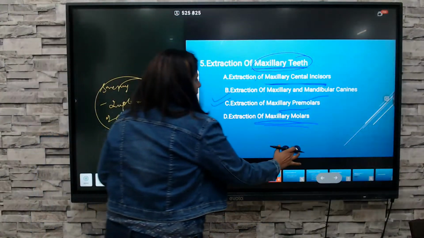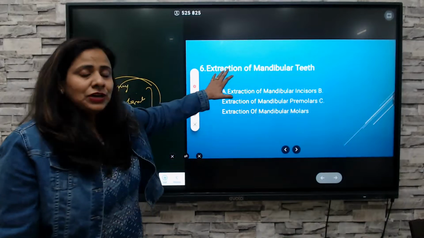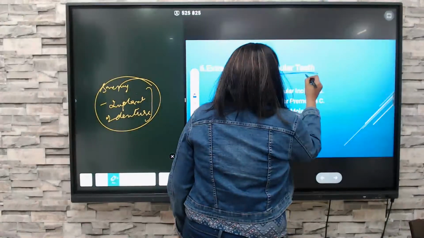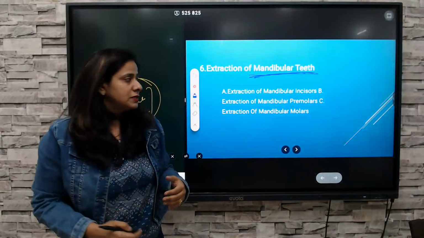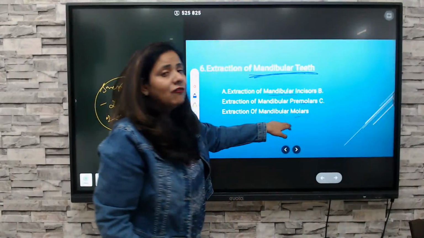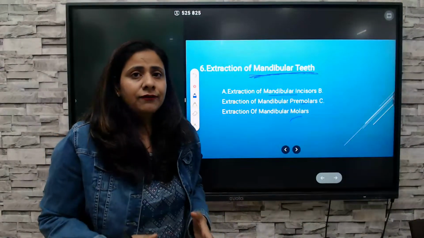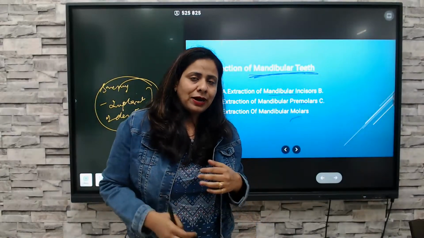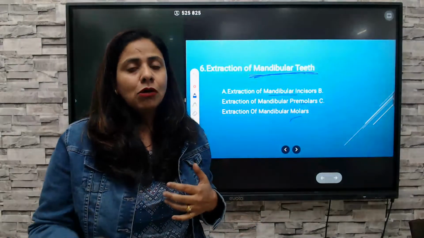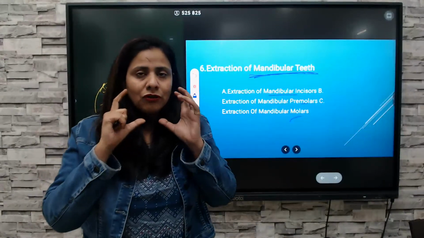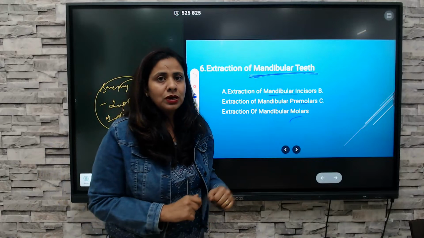So, if we move forward, extraction of the mandibular teeth. Again it comes like mandibular incisors, we have premolars, we have molars. The mandible is a movable bone, so extraction of the mandibular teeth involves a lot of caring of the bone also, joints also, and a lot of muscle manipulations are also involved.